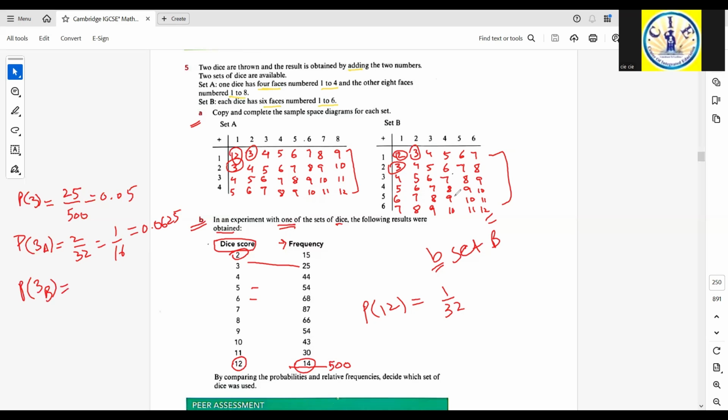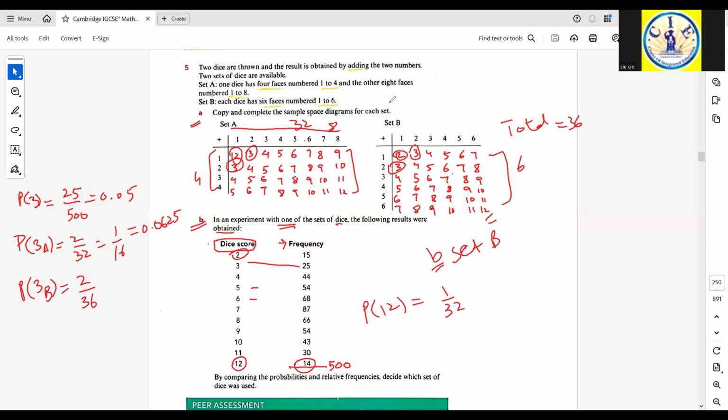What is the probability of getting a 3 from set B? That is again 2 times, but out of 36, because this is 6 and this is 6, so 6 times 6 is 36. So the total possible outcomes in this case is 36, and in the other case it is 32, because like this we are having 8 and like this we are having 4.